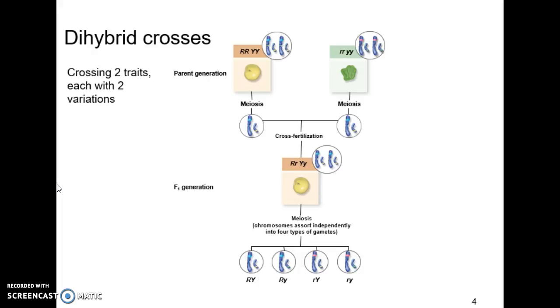So we're not going to focus too heavily on dihybrids. I'll save that, or you guys will get to work with that in a later genetics course. But I want you to understand what it is. Mono is one trait. Dihybrid is two traits. And the two traits each have two different variations.